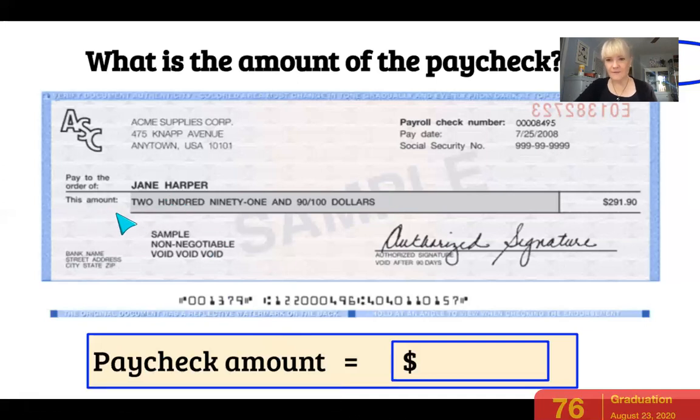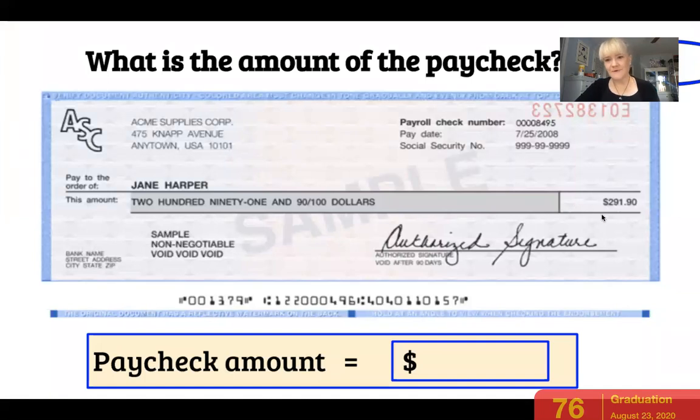Let's read that to find out what it says. This amount, 291, and then there's this fraction, dollars. The fraction says 90 over 100. That means 90 cents out of a dollar.